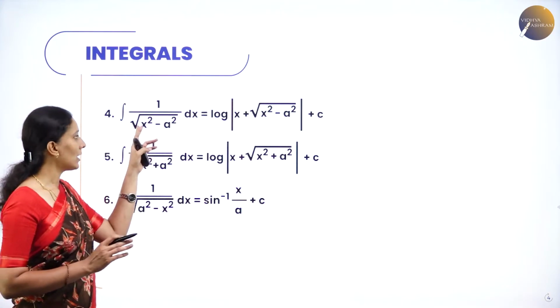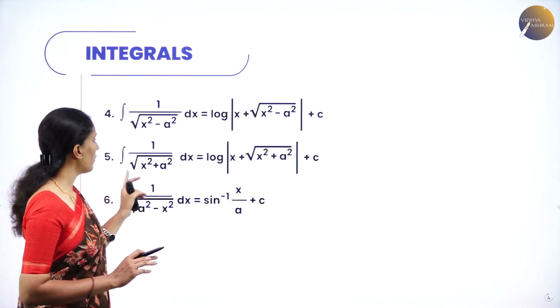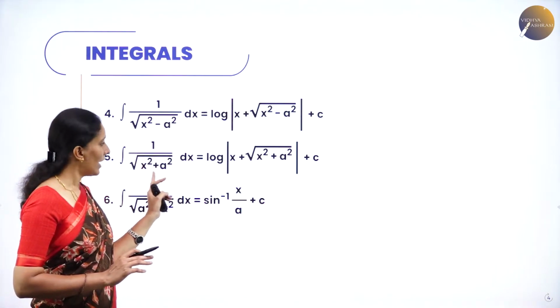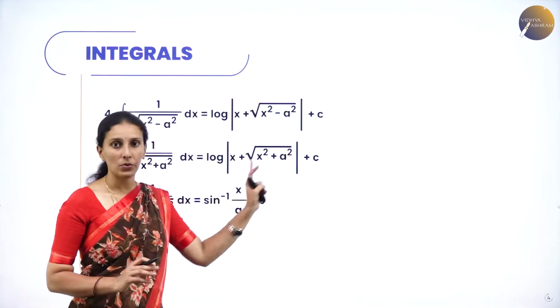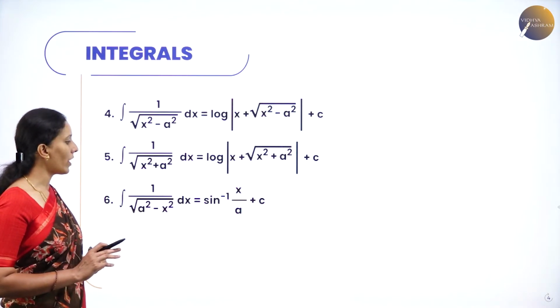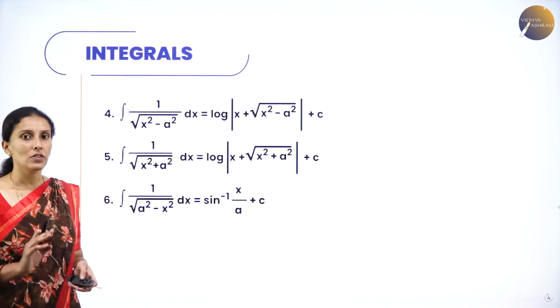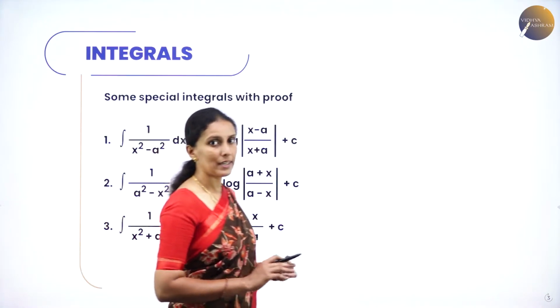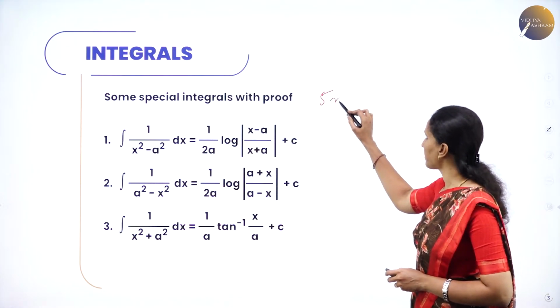So it is completely a linear factor form. And here also 1 over root of x square plus a square can be written as log of x plus root of x square plus a square plus c. And 1 over root of a square minus x square can be expressed as sine inverse x by a plus c. So these are very special types of integrals, and for your examination, this is a 5-mark question.